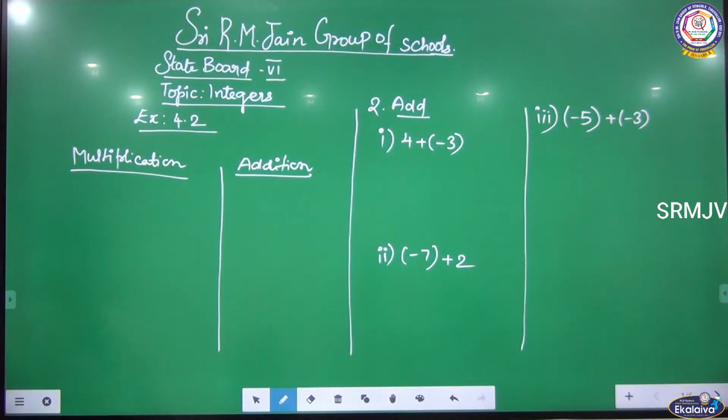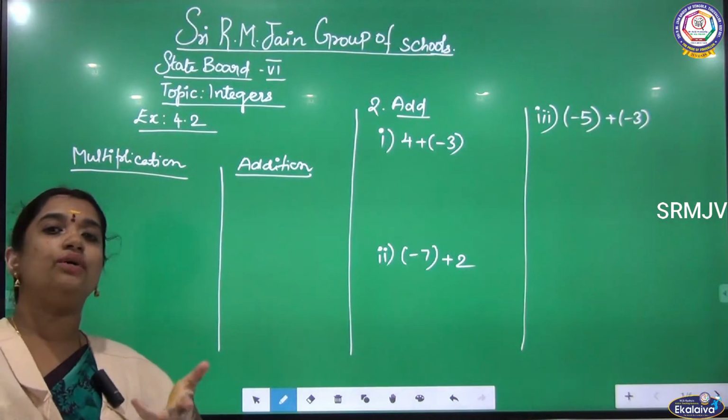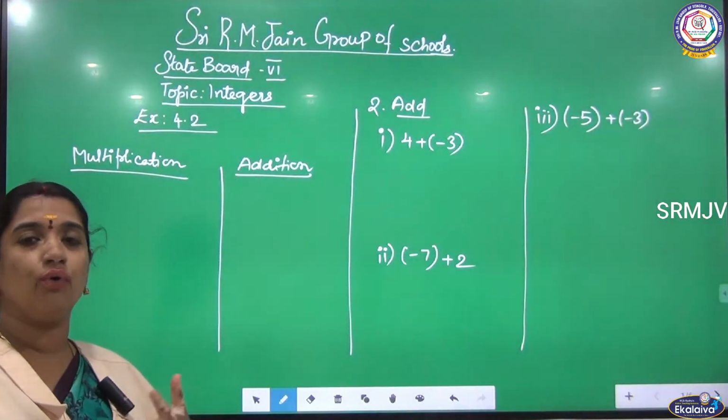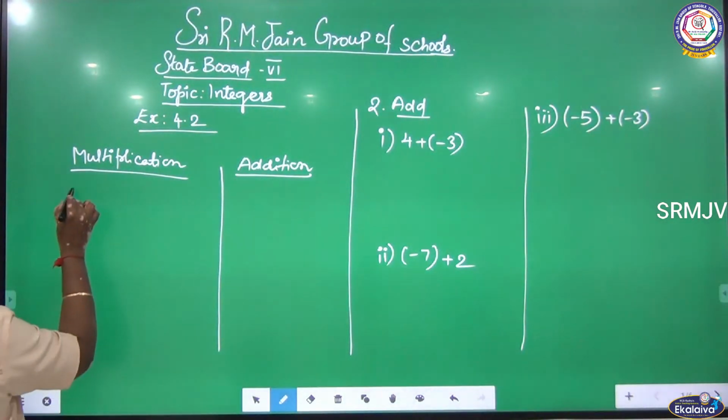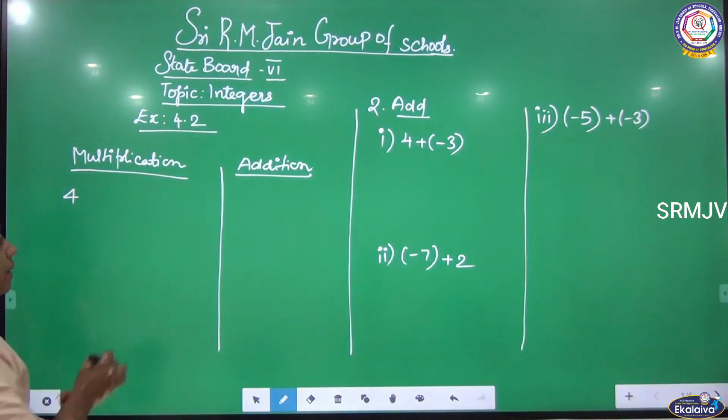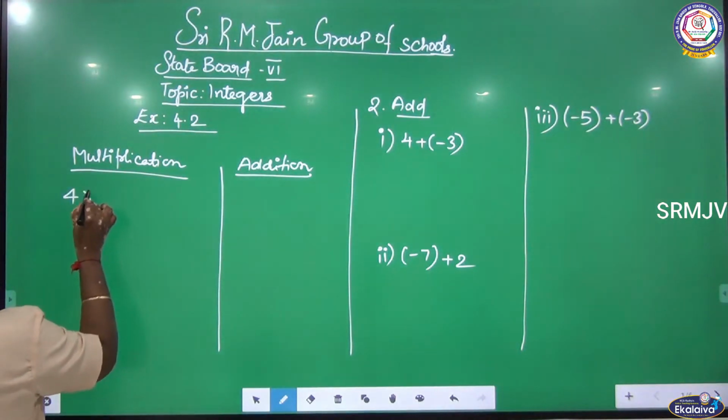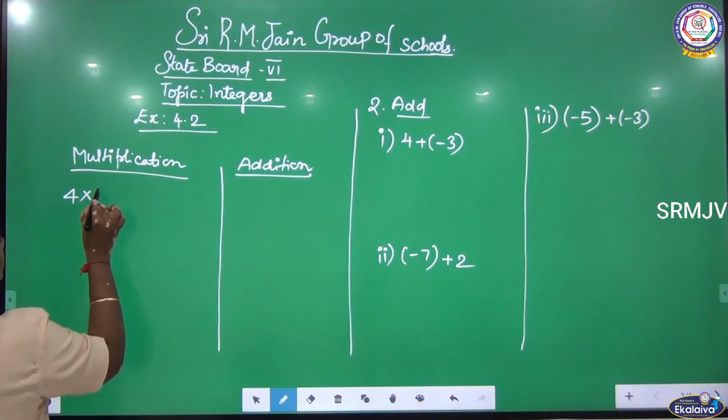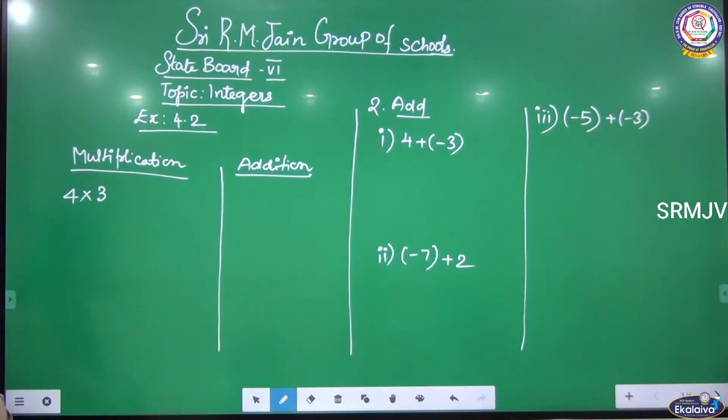Listen, when I am multiplying two positive integers, 4 multiplied with 3, is it clear? Here 4 is a positive integer and 3 is also a positive integer.